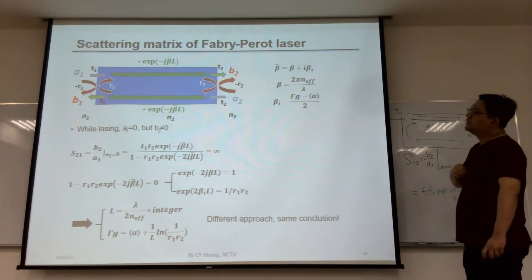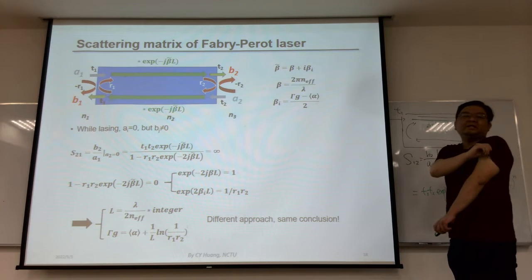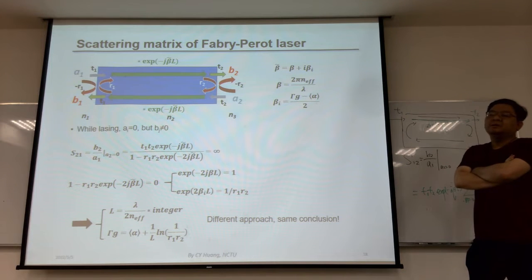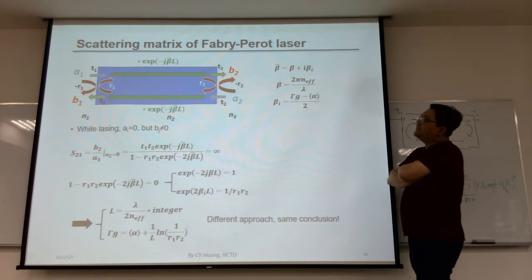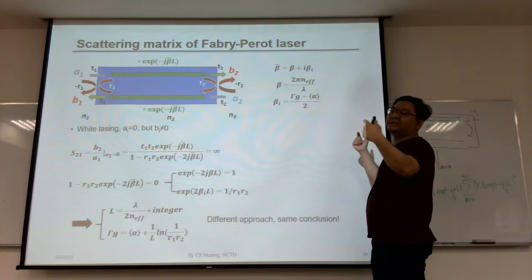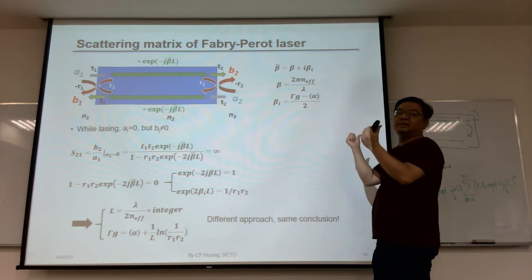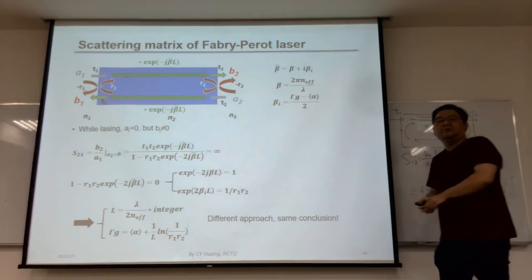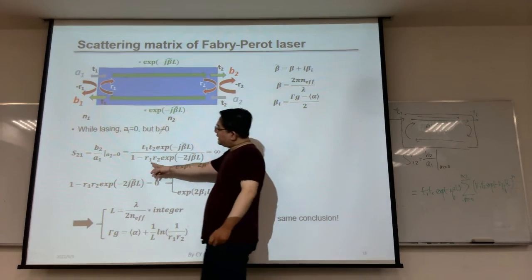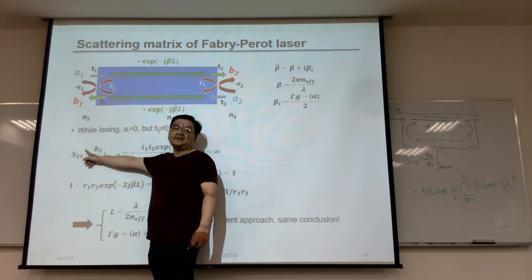Okay. So how do we describe lasing with a Fabry-Perot cavity? Lasing means you don't give any light input to the cavity, but there is light output from the inside. So this concerns the scattering matrix element S21.